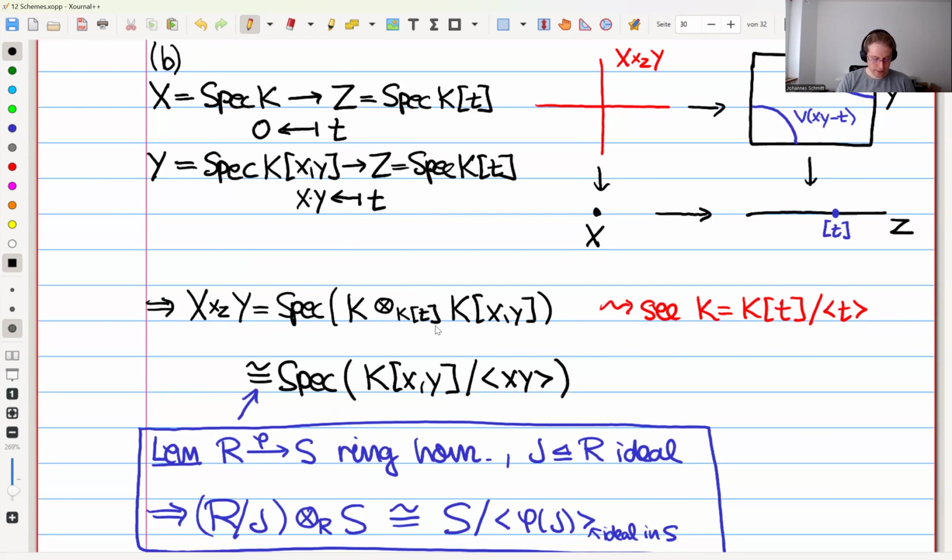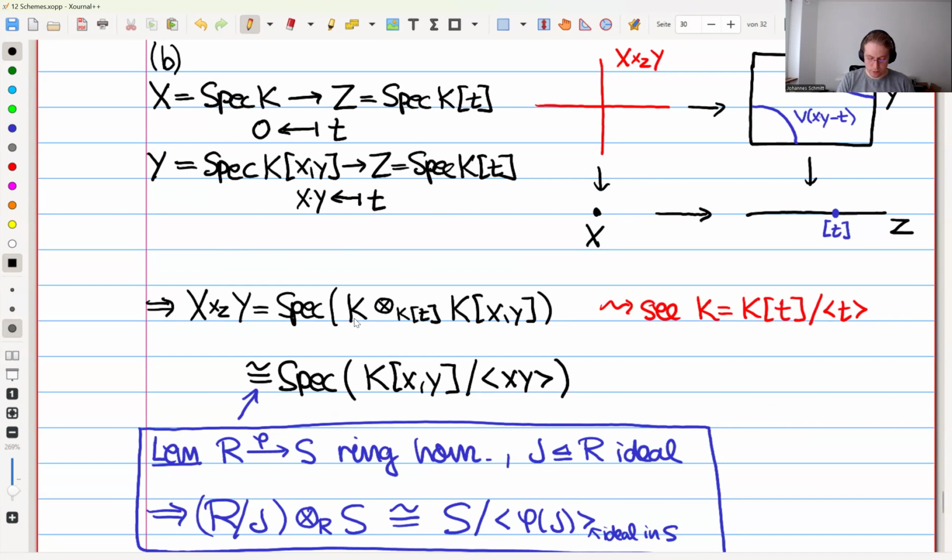And then there is a lemma here from commutative algebra, which says, if you have a ring homomorphism and an ideal in the domain, and then you look at such a tensor product, so you have R modulo J tensor over R with S, then there's an isomorphism of this with S modulo the ideal generated by phi of J. Okay, so that's just something that you can show in a few lines.